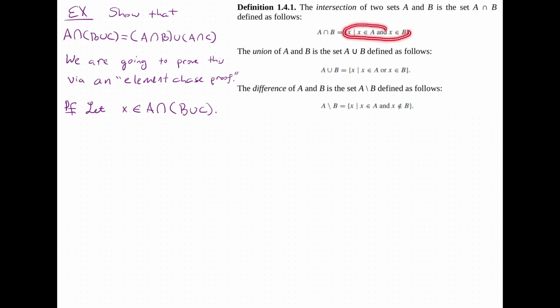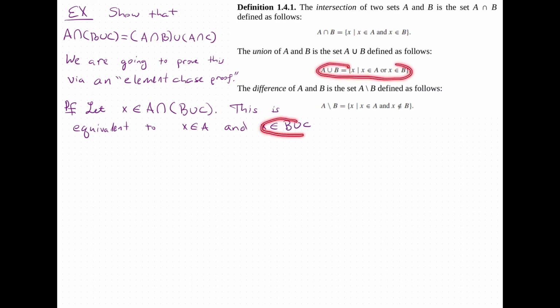That means that that's the collection of x's such that x is in A and x is in B union C. So this is equivalent to x is in A, and the intersection will be read as an and, x is in B union C. So we got this here. But now we can do the same thing. We have the definition of what it means to be a union. And so now this means that x is in B or x is in C.